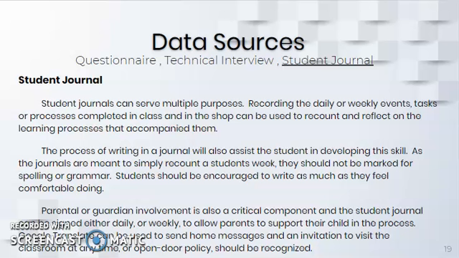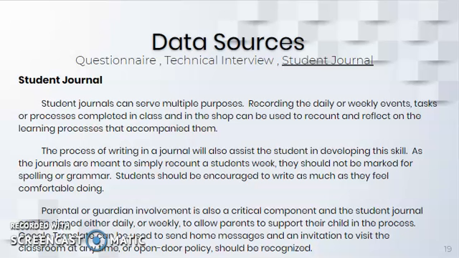The other great thing about a student journal is that it allows a communication with the parents. This is something that, especially at grade 9 and 10, right through grade school, a lot of students are already used to having a book that goes home and parents sign it every day. This is a little bit of an extension on that.